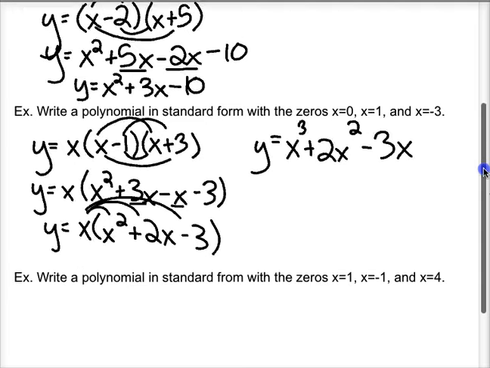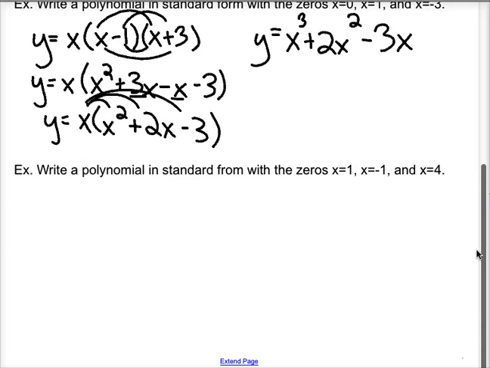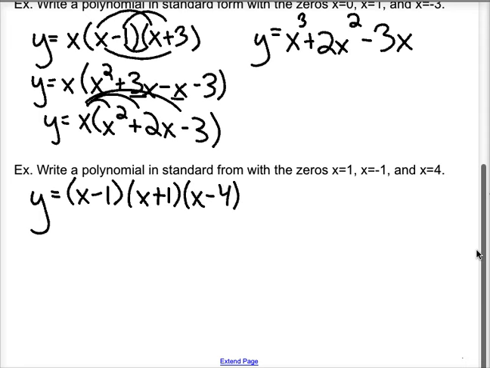All right. And finally, our last example, another one that has 3 zeros for it. So again, every one of them will take the opposite sign of the 0 that created it. So here we have 3 things, and we need to FOIL this out. Now, I'm going to FOIL intelligently.